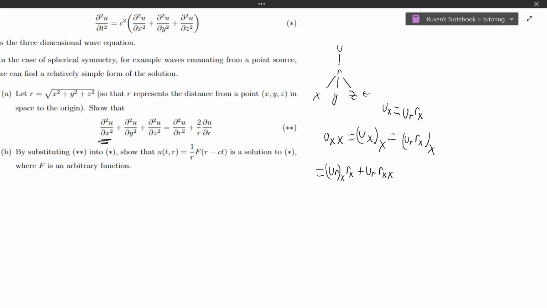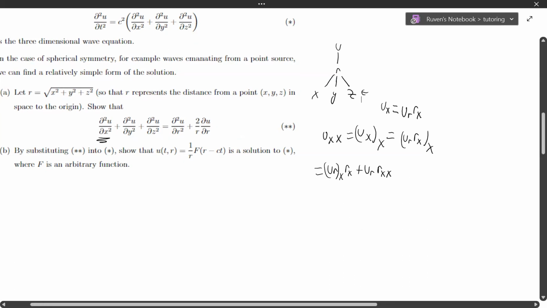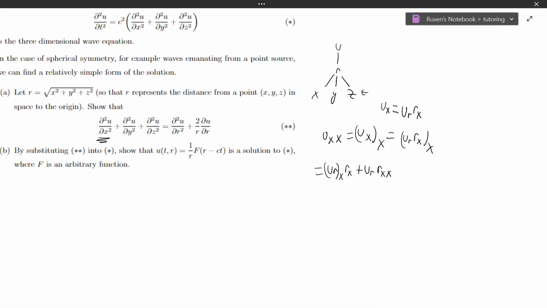The way we can think about this is, if we need to, we can create a substitution. So u_r is equal to w of r. So we're going to just plug that in. Then the x-derivative of w is just equal to w_r times r_x.